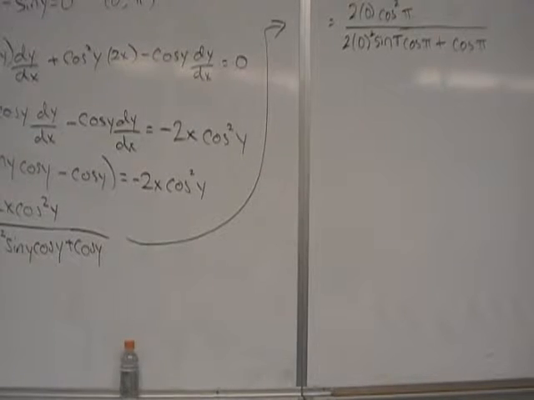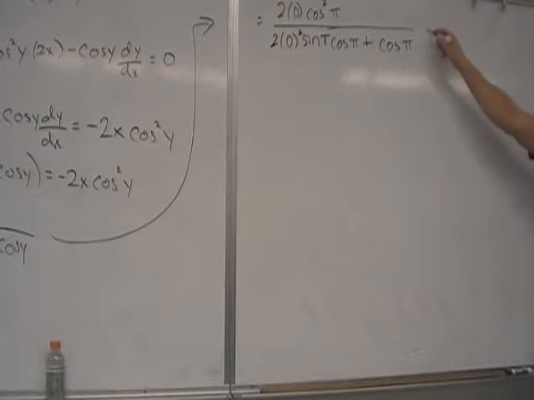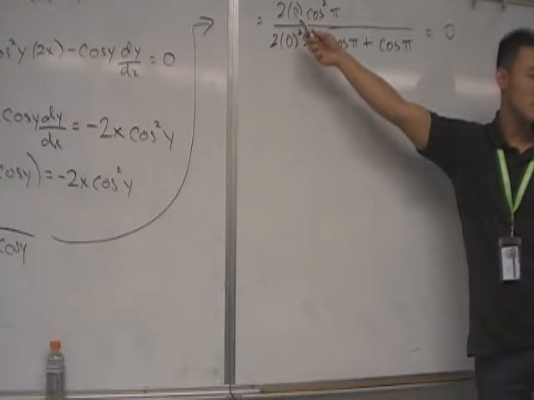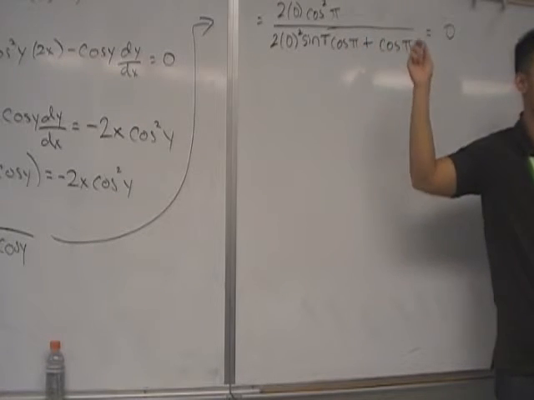Alright, questions there? So all that simplifies to 0, because 2 times 0 times anything else is 0, and it doesn't matter what's on the bottom anymore because 0 is on top.